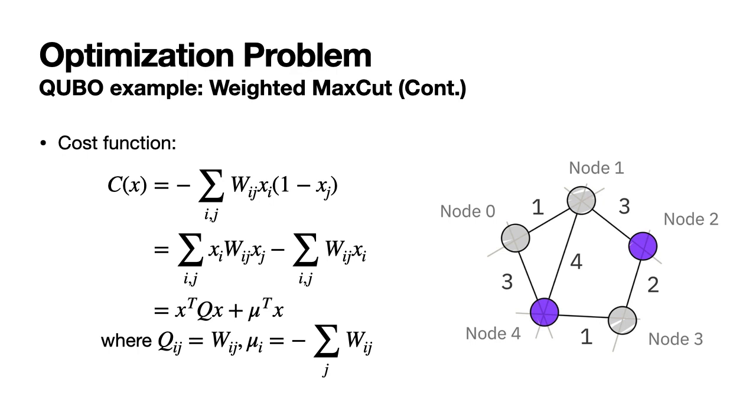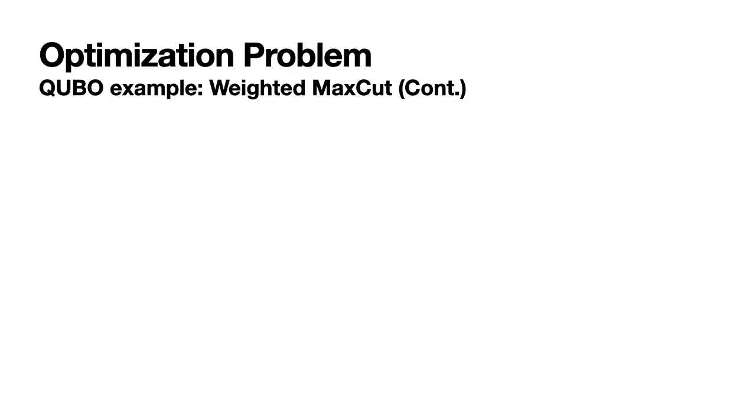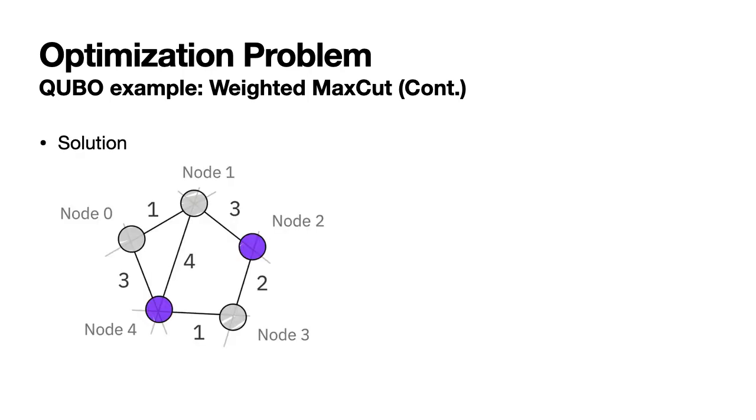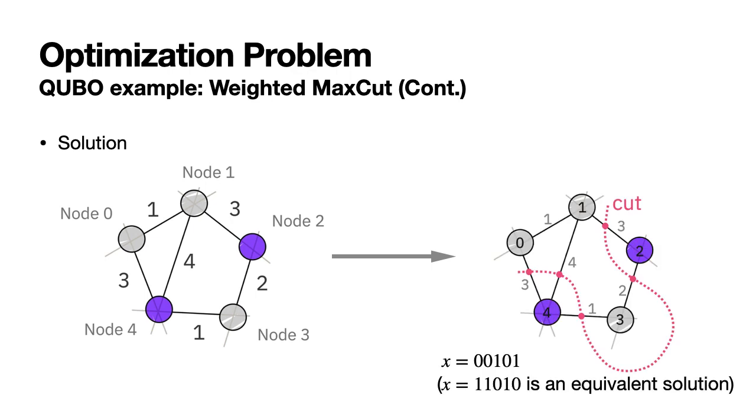Then we have c of x exactly matching the QUBO template. For this instance, the optimal cut represented by x equals 00101 or its complement 11010 achieves the minimum cost.